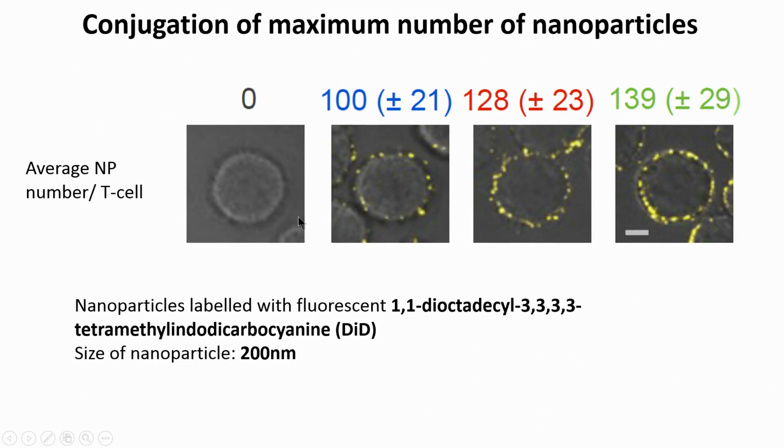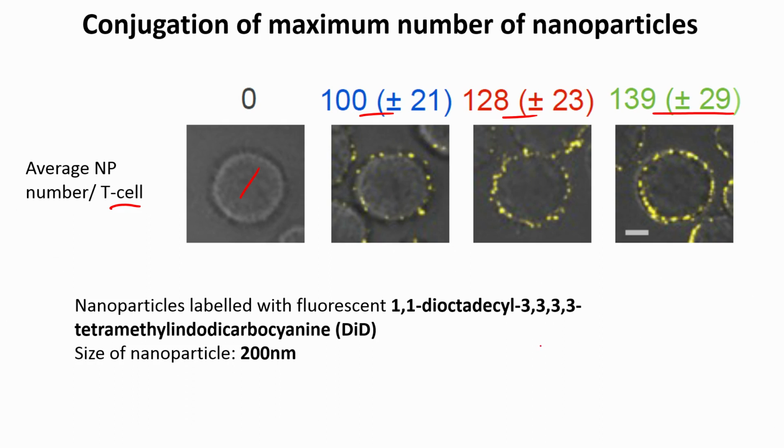So, the first thing they try to answer is what is the maximum number of nanoparticles you can conjugate. Obviously, if you do not do any conjugation you get a T cell without any particles, and then they have used different amounts of particles per T cell. So, they used 100 particles per T cell and they get a certain conjugation, and similarly the rest of them.